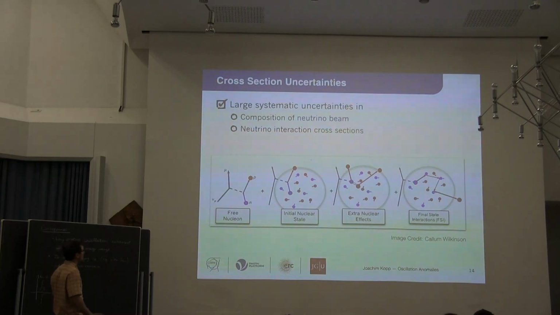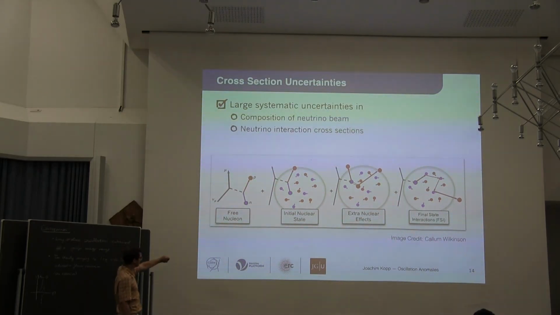And the reason we are in that situation is because it's a very complicated process, and one that requires, on the one hand, some experimental work, but especially substantial theoretical work. So why are neutrino cross-sections so complicated? First, the nucleons on which neutrinos interact are not on their own.